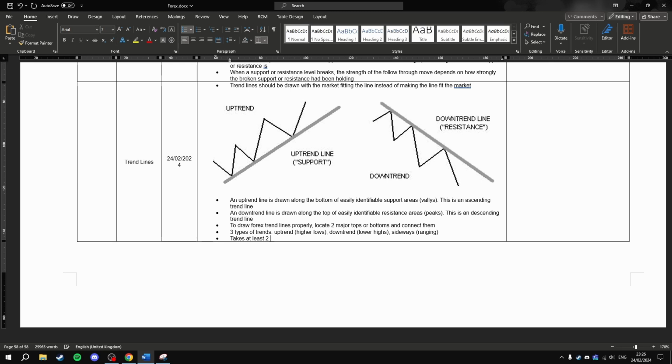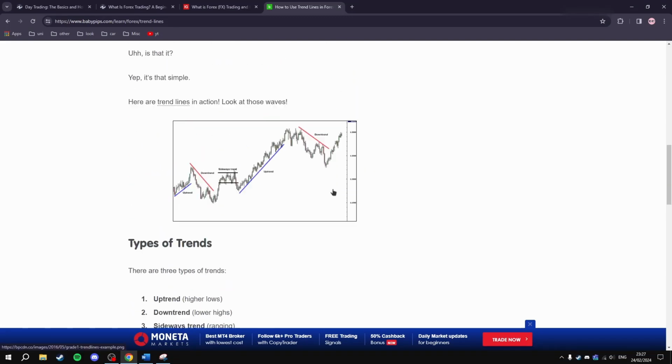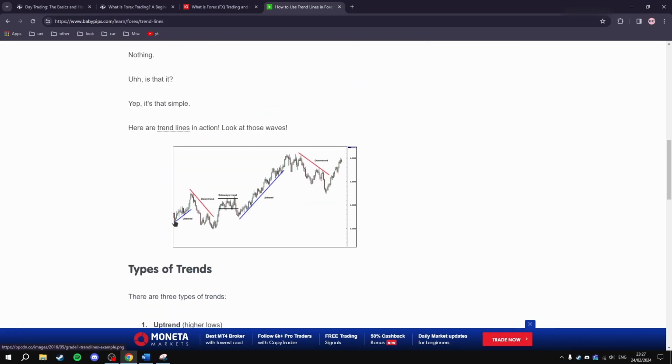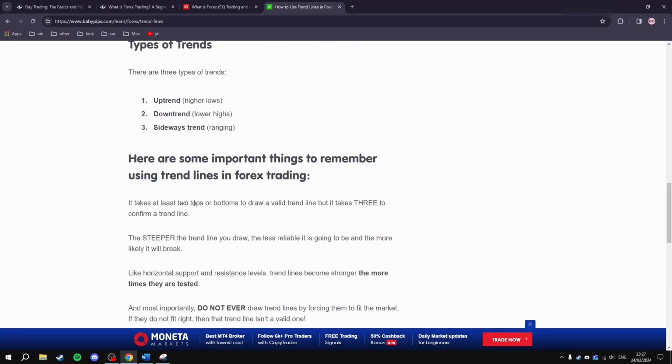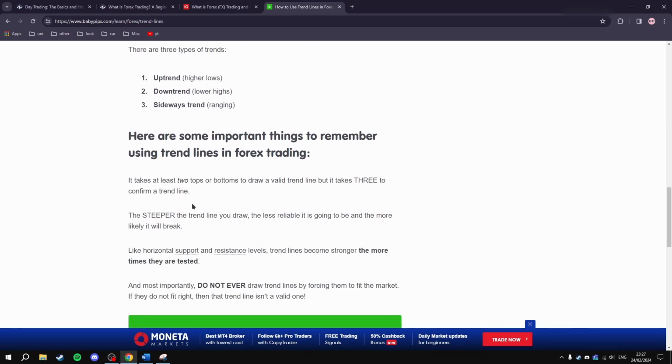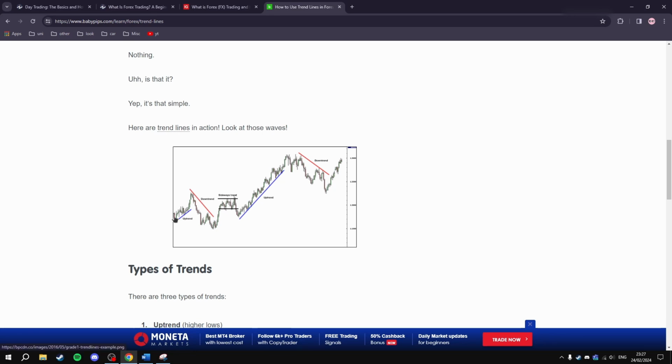So one, two, and then where's the third one? One, two, three. So that's a trend line. One, two, three. That's still going down.